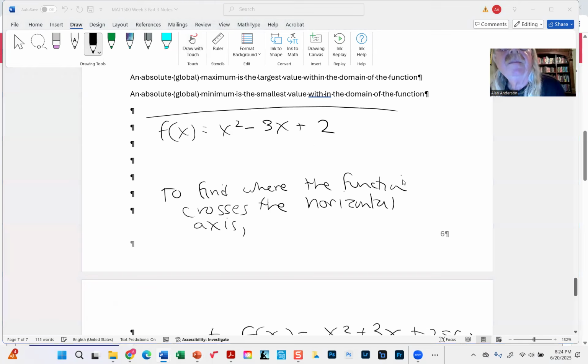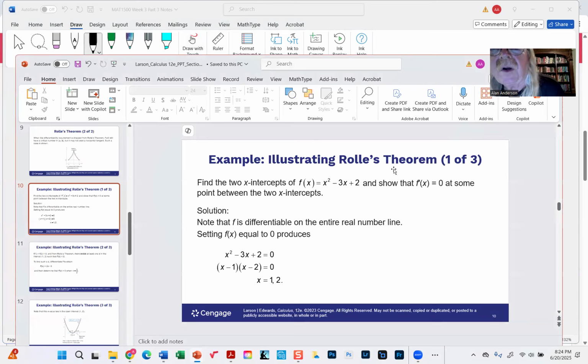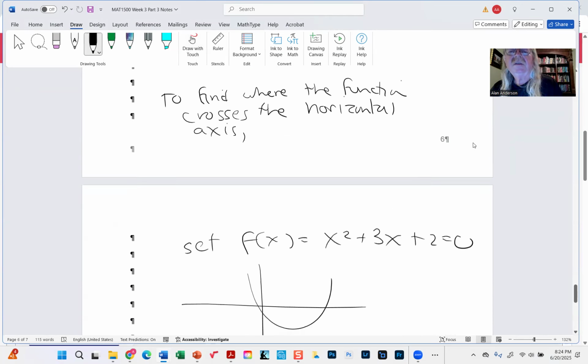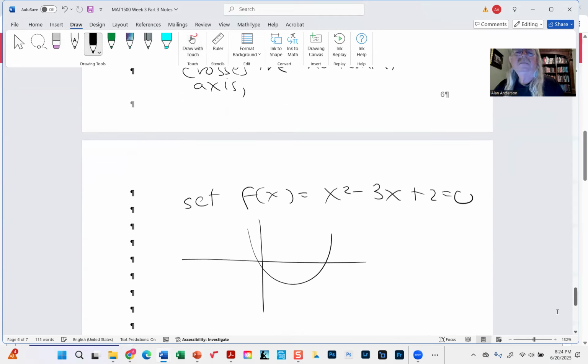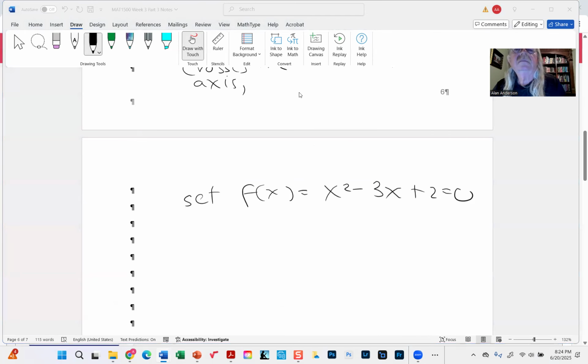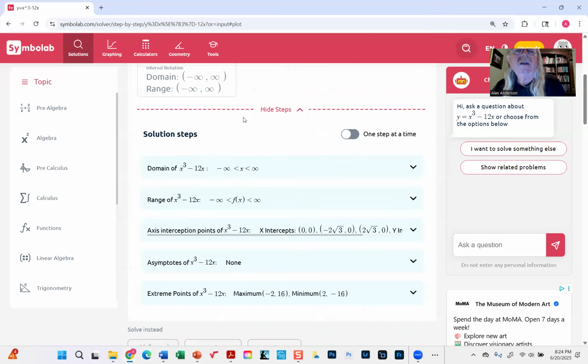Okay, so it's x squared minus 3x, so that derivative was wrong. f of x equals x squared minus 3x plus 2. All right, let's take a look at the graph.